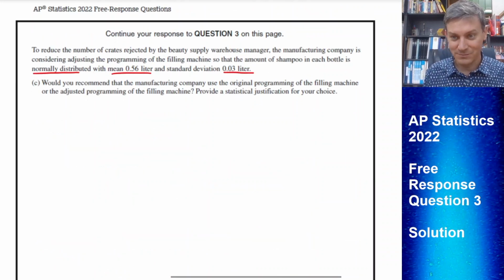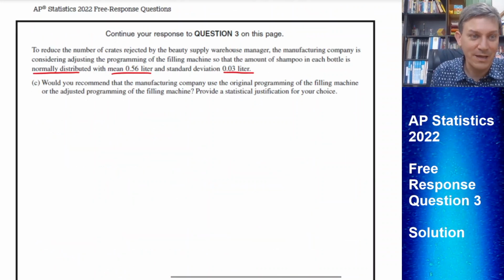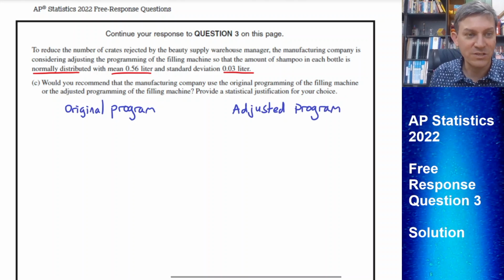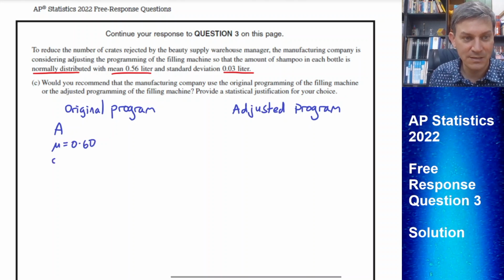Okay, so I'll do the calculation here. So let's compare the original program with the adjusted program. The original program was a random variable A, it had a mean of 0.60 and a standard deviation of 0.04.